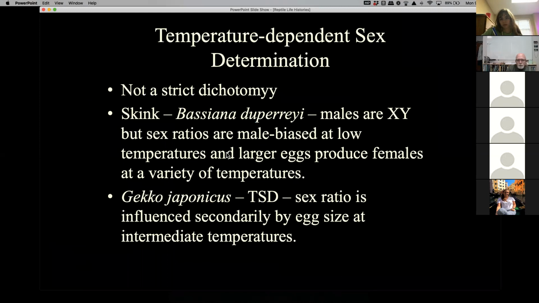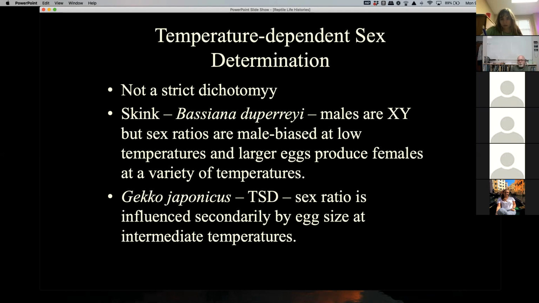So this isn't a strict dichotomy. For example, in the skink Bassiana duperei, males are XY, so they're a heterogametic species, but sex ratios are biased at low temperatures, and larger eggs produce females at a variety of temperatures. And so this is a situation where there is genotypic sex determination, but that genotype is then influenced by temperature and egg size in this case.